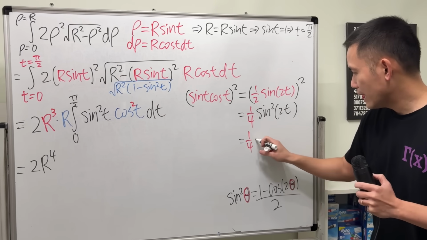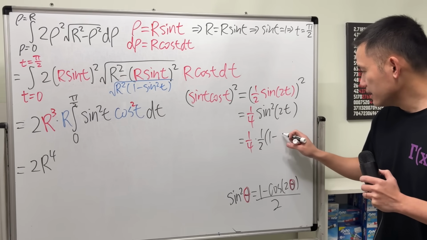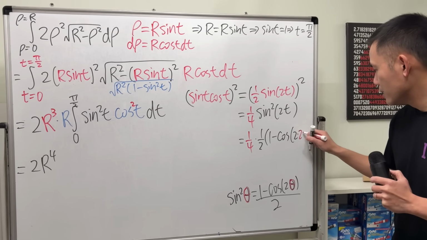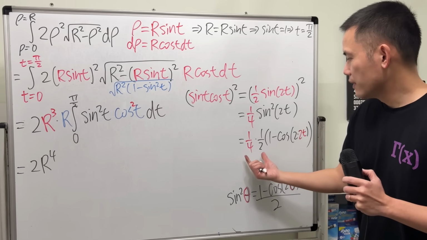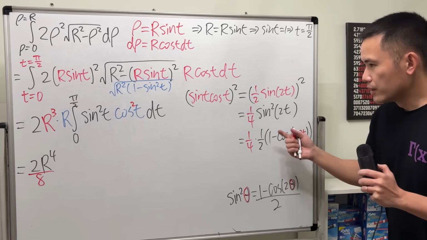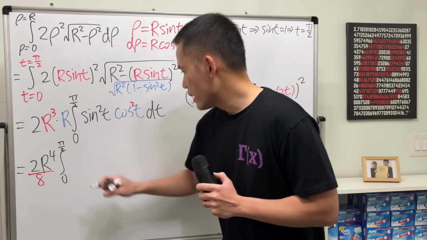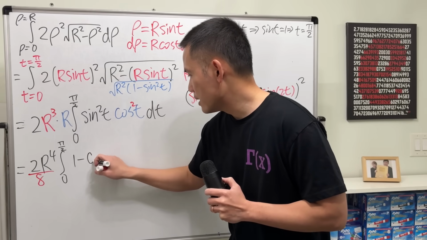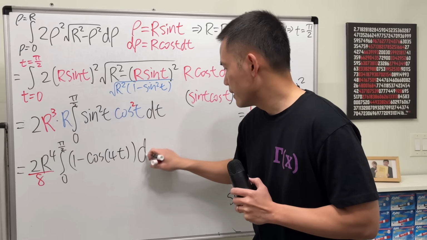So we have the 1/2 times 1 minus cosine of 2 times our 2t. So this right here will give us over 8. And then the rest, right? Integral from 0 to pi over 2, and the rest has to stay inside: 1 minus cosine of 4t dt.